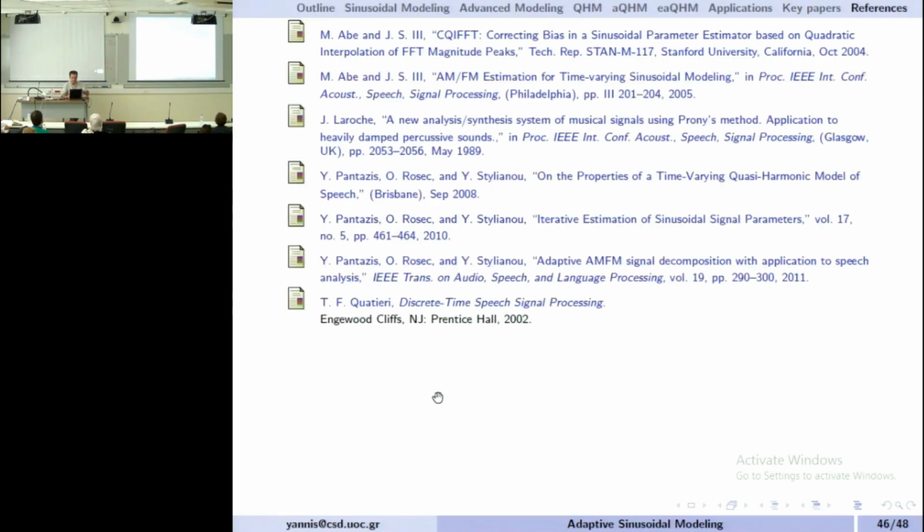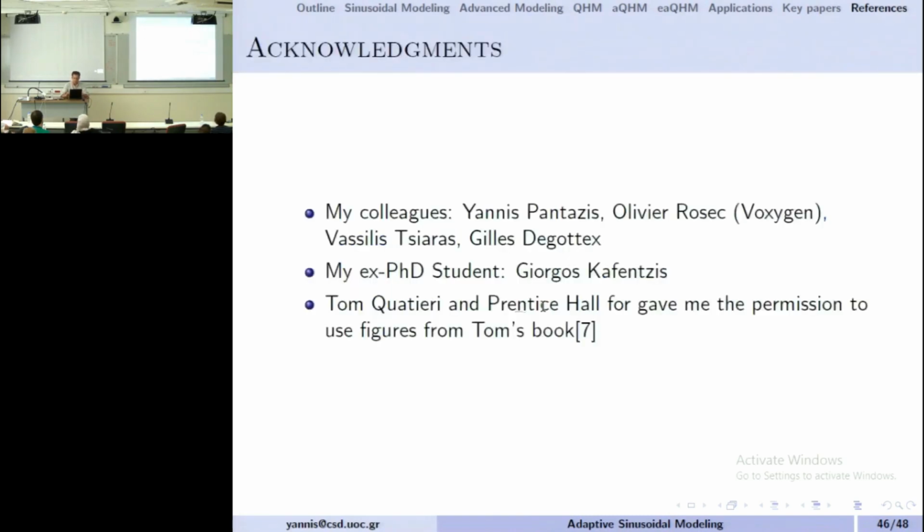These are some references that I have in the slides. Again, I want to say big thanks to Thomas Quatieri, first because he wrote a very nice book. Second, because he authorized me to use some of the pictures from his book. This work really has been done, and I say here for Tom, okay?